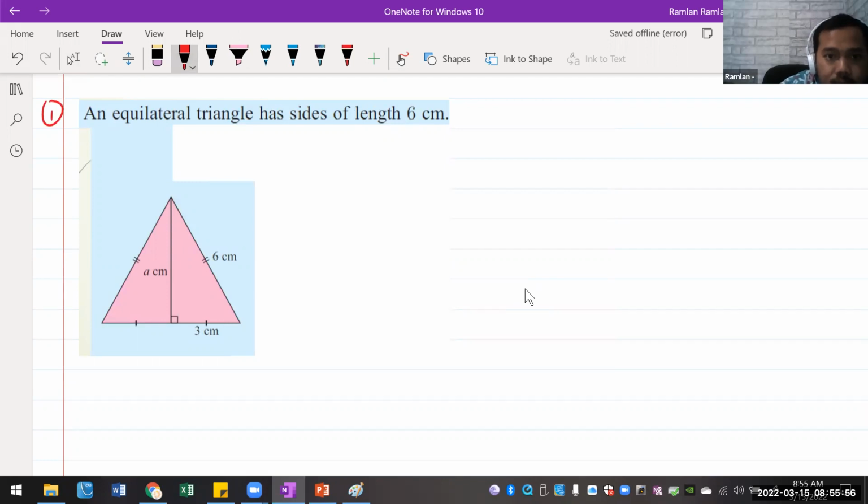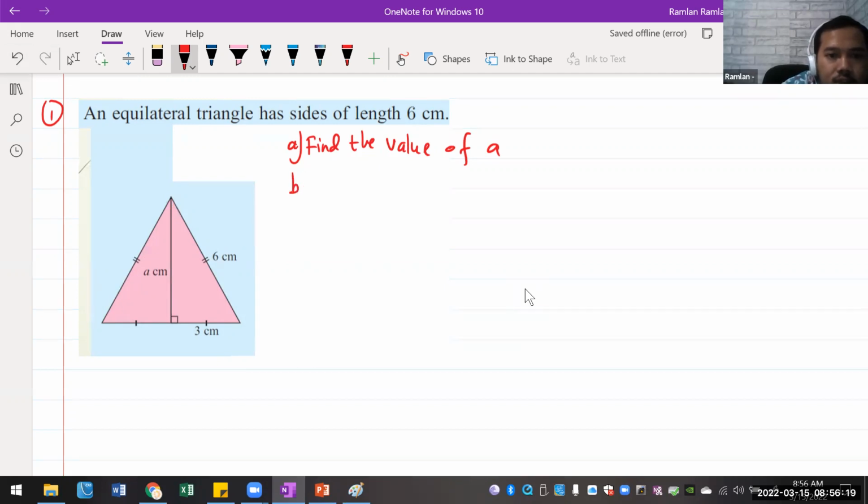The first question is find the value of A. A is this guy, so A is actually the height of the triangle. That is the first question.